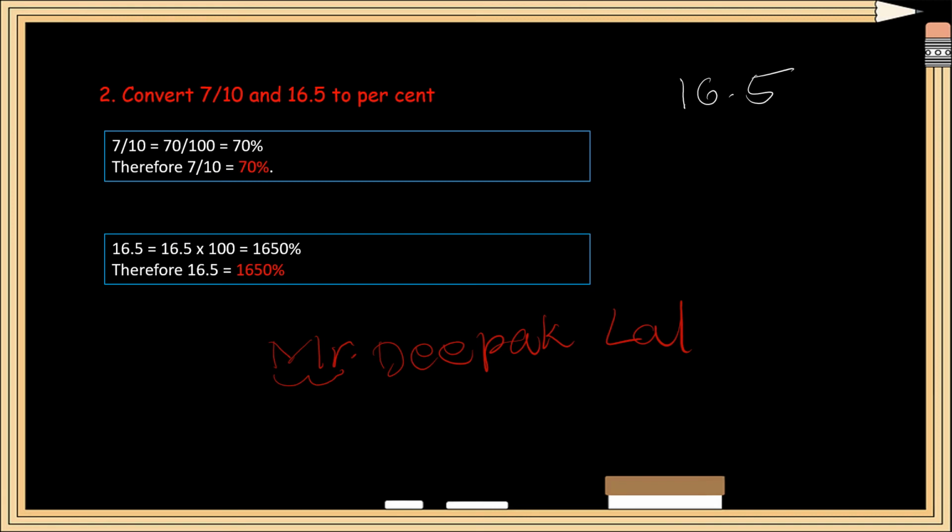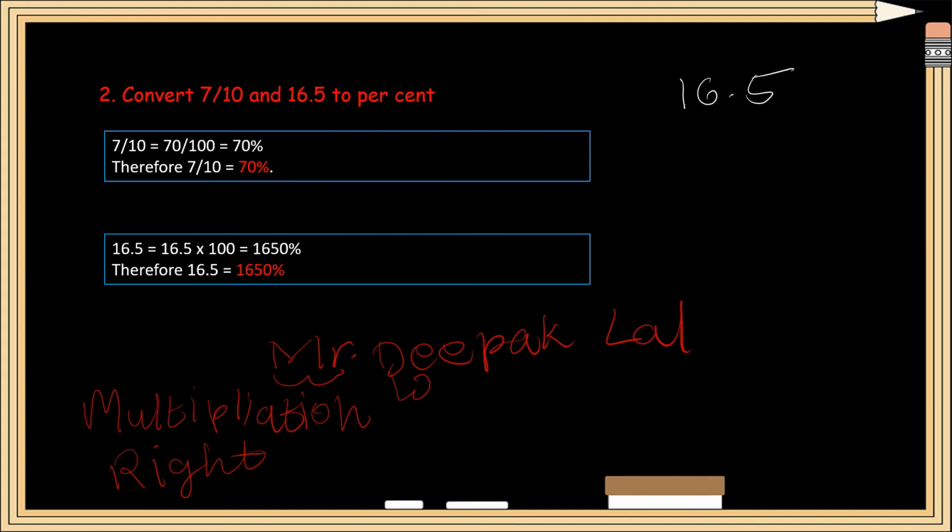Here Mr. means multiplication, which means when you multiply a decimal number by a power of 10, you have to shift the decimal point towards the right.